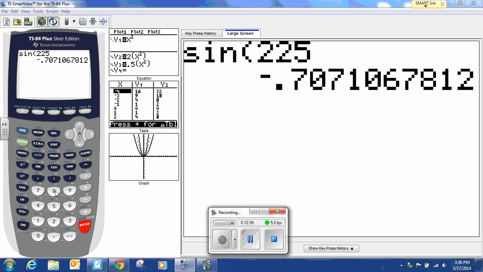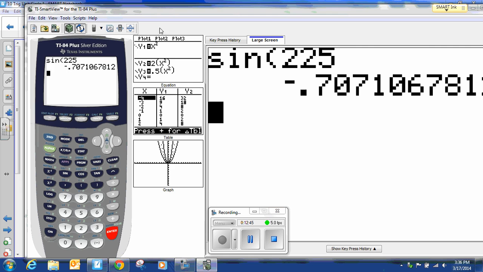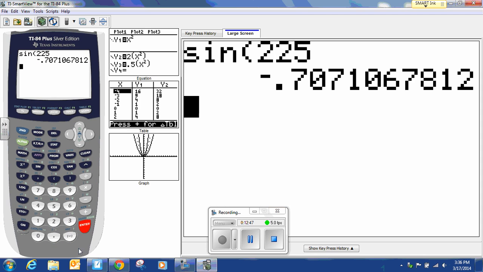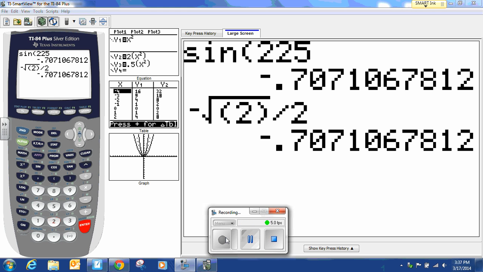And here's our calculator check. Sine of 225 is -0.707. And if we plugged in negative radical 2 divided by 2, we get the exact same answer.